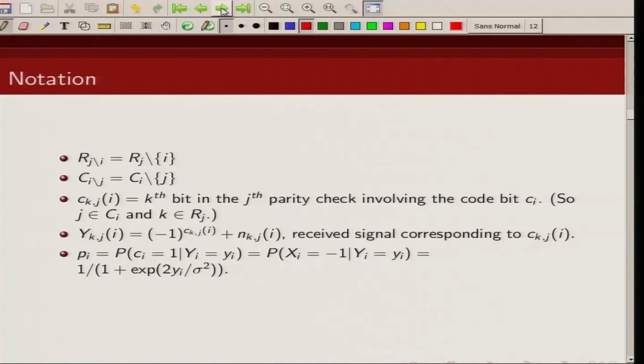Now, for an AWGN channel, we can compute this probability that Ci is 1 given Yi. This can be given by this expression. And we denote by PKJ the probability that CKJ is 1 given a received sequence YKJ.